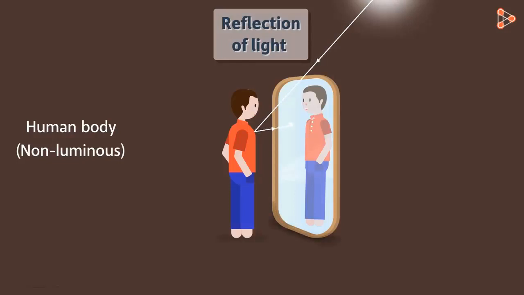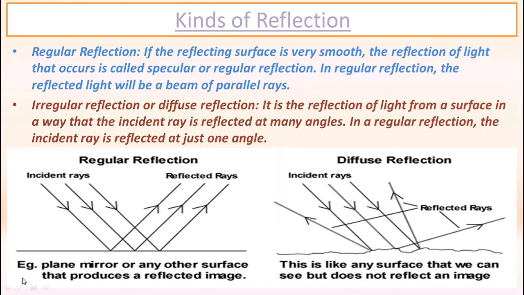This light is further reflected from the surface of the mirror and reaches our eyes. This is how we are able to see our image. Now, obviously, this is not the exact picture of the happenings. I just wanted to give you an intuitive feeling of how this happens. Through the video, I hope you have understood what reflection of light is.